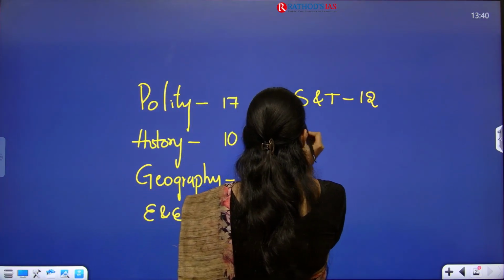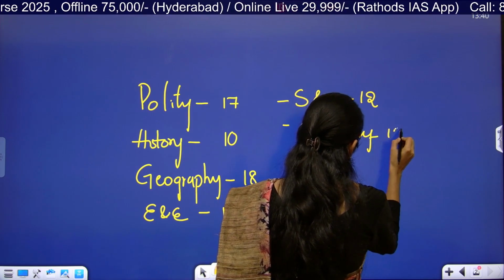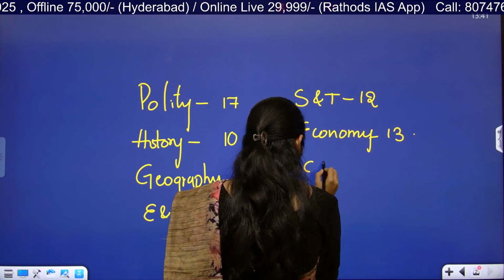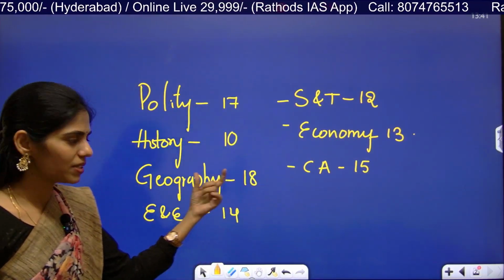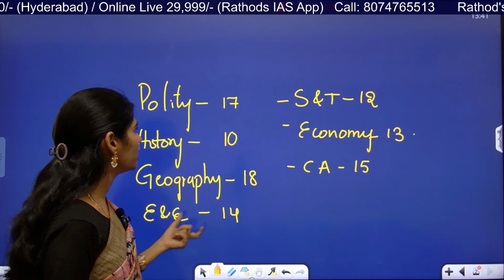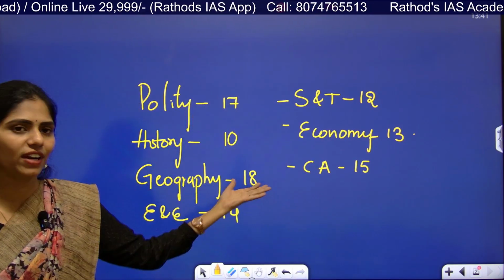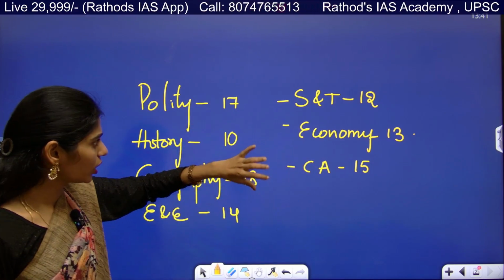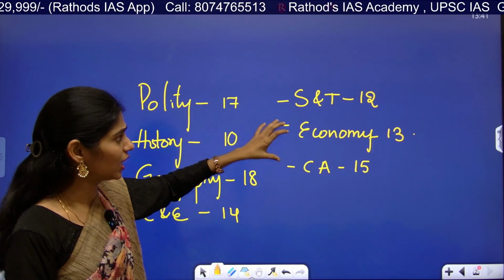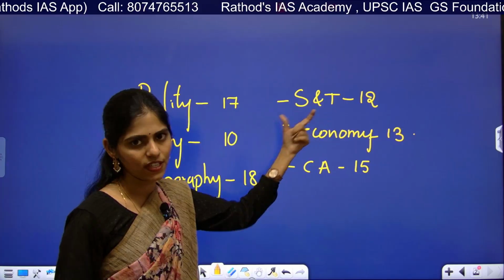You can do those science and technology questions if you have good command of current affairs. And next, from economy, you got 13 questions. And from current affairs, overall you got 15 questions. Here and there, some questions from environment and ecology, polity, and science and technology can be added to the current affairs section, but we are taking them identically. If something is related to science and technology, even if it is current affairs, I added it to the science and technology section.